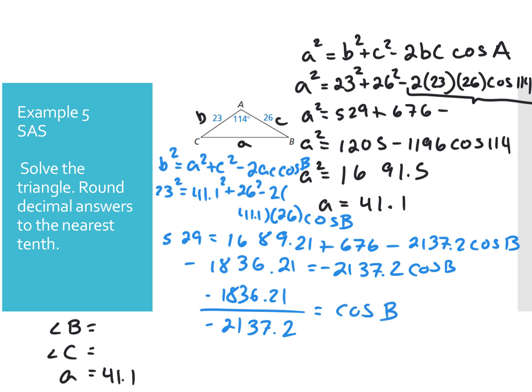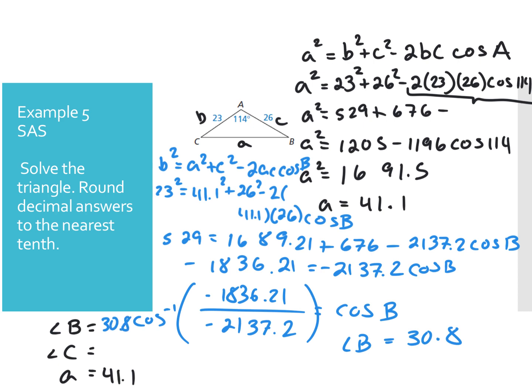Now I'm going to put it into the inverse function, so cosine negative 1 of this whole thing. I'm plugging it into the calculator as we speak. I get that my angle B is 30.8.